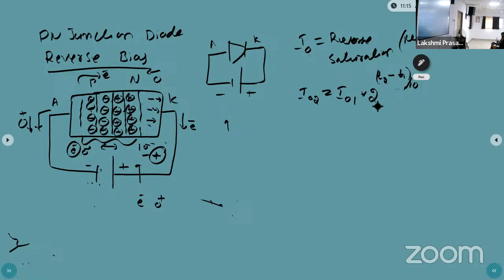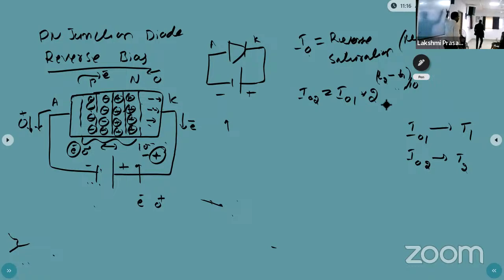I02 is the reverse saturation current at temperature T2, and I01 is the reverse saturation current at temperature T1. T2 is the higher temperature, and T1 is the lower temperature.